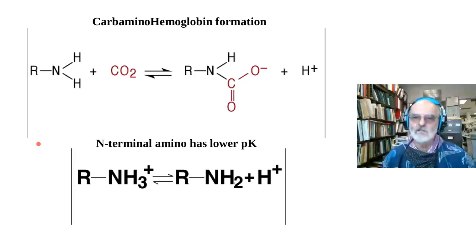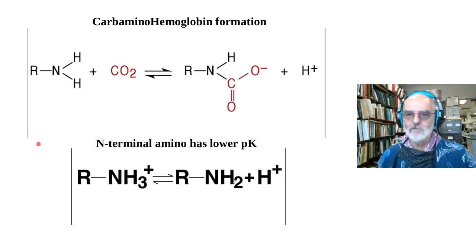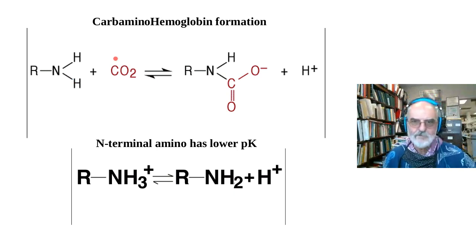So that reaction that I was telling you about, the CO2 can non-enzymatically bind to the N-terminus. Now, hemoglobin has 4 chains, so this can happen at 4 different sites. And this non-enzymatic reaction is one of the ways that CO2 gets transported to your lungs.